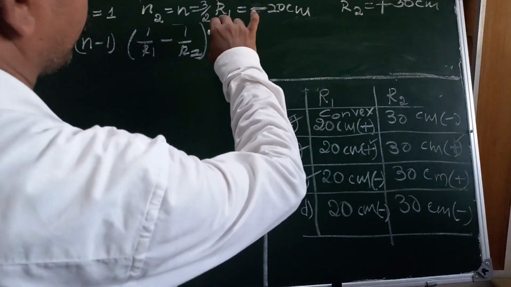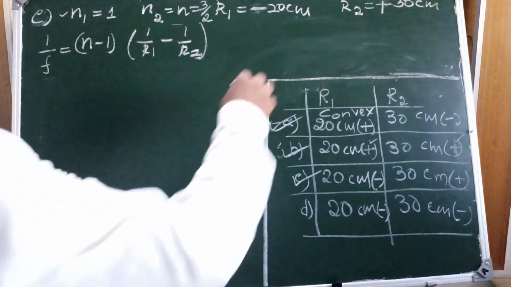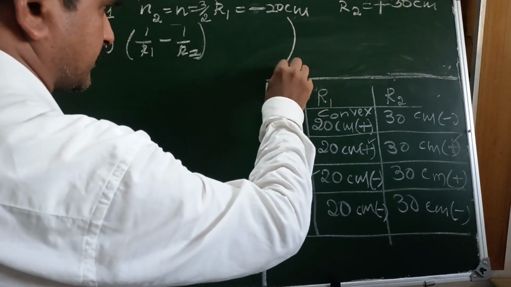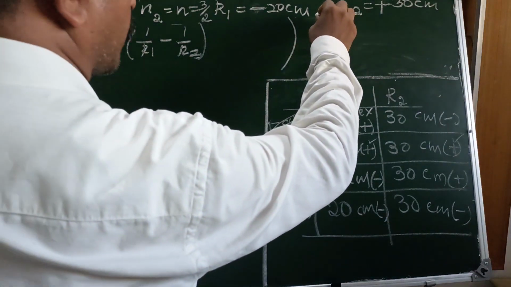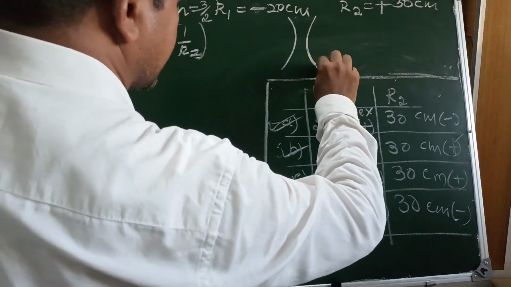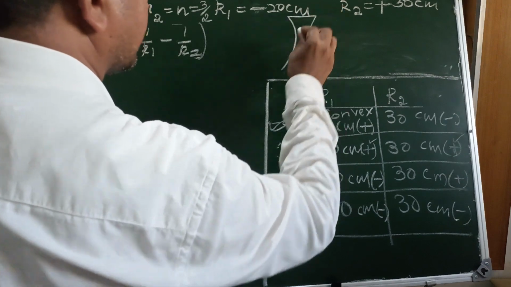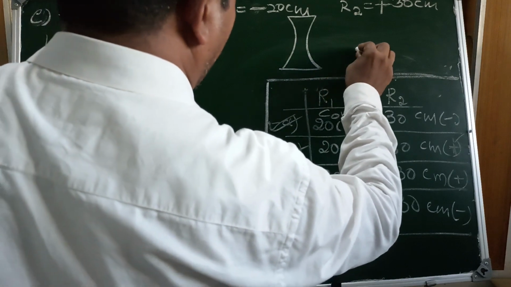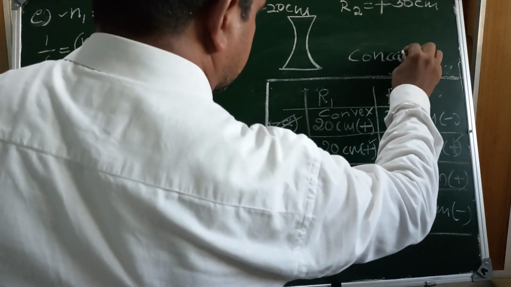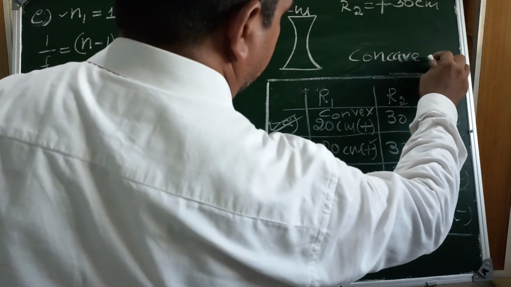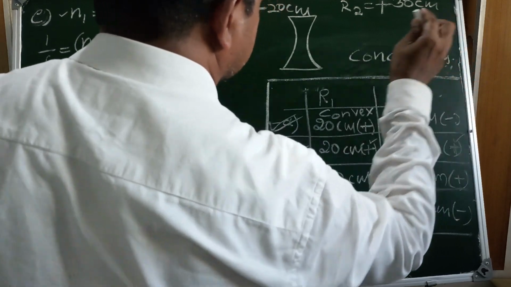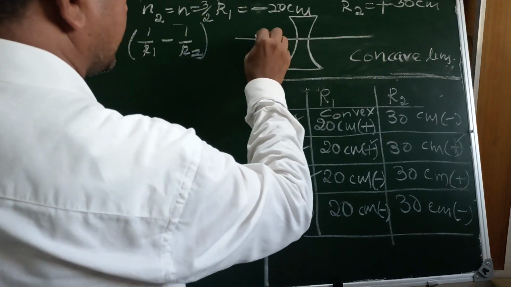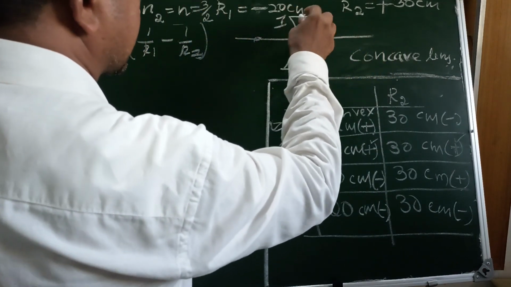Here R1 is negative. R1 negative means the curvature should be towards the left. R2 positive means the curvature should be towards the right. If you join these two, you get a concave lens. Concave lens is a diverging lens. Here you can write like this: C1, this is the first refracting surface on the left side.